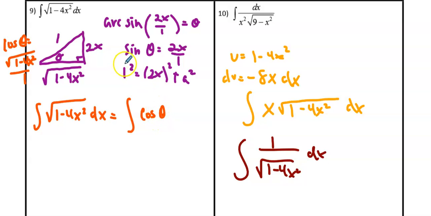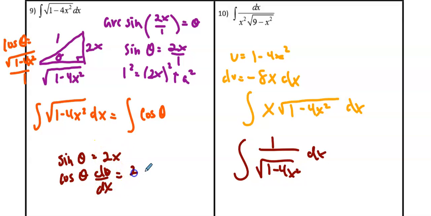Now, what we have to understand here is that we've got to solve for dx. How do we solve for dx? Well, we have the formula, sine of theta is equal to 2x. Let's implicitly differentiate this. So the derivative of sine of theta is cosine theta d theta, and this is going to be equal to 2 dx.